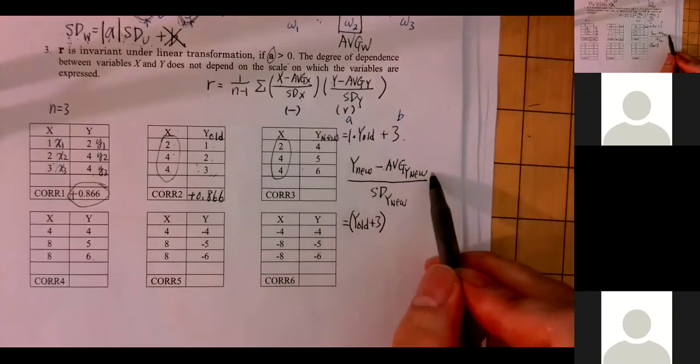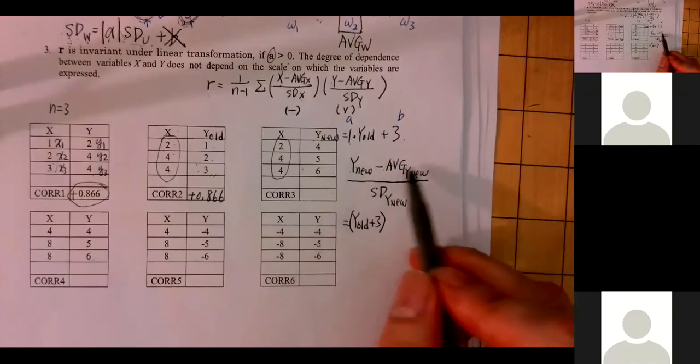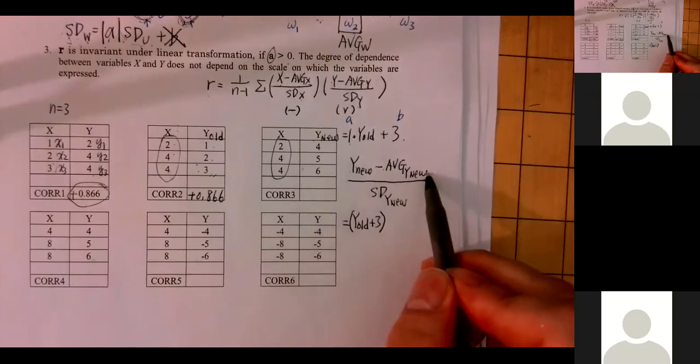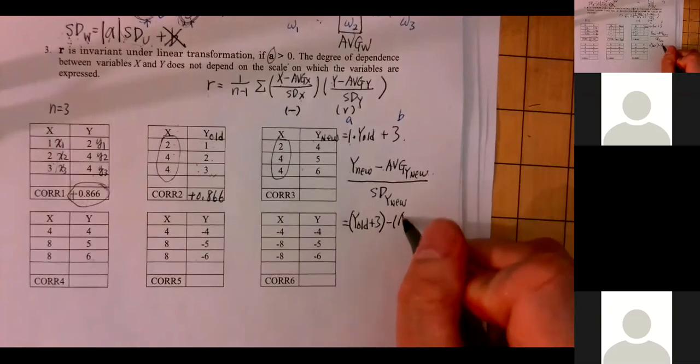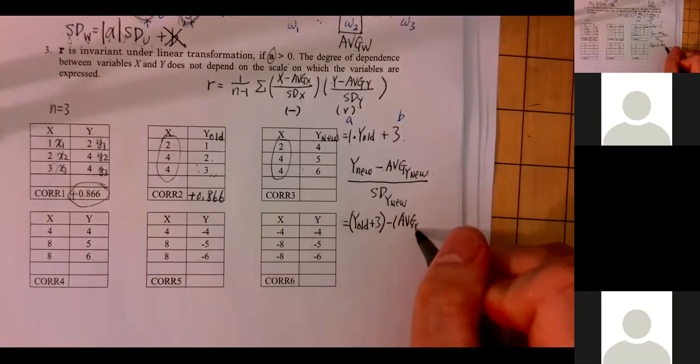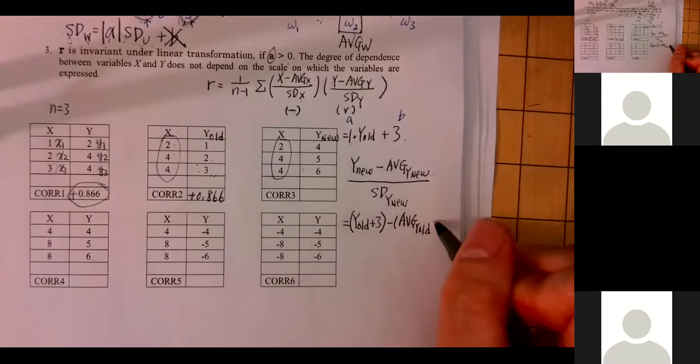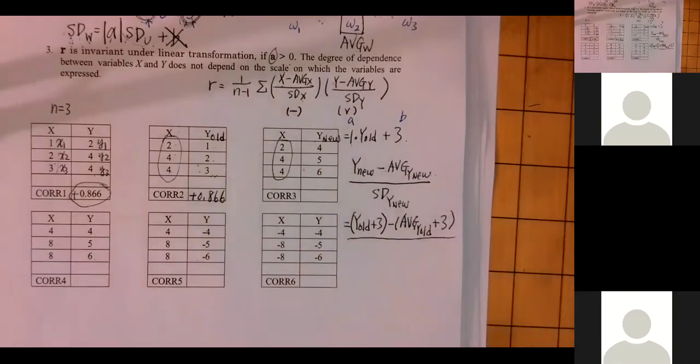Average Y new: remember, this is a new center. How is the new center related to the old center? Following the same linear transformation, so we subtract average of Y old plus 3. Okay? Remember, linear transformation transfers the old center to the new center.